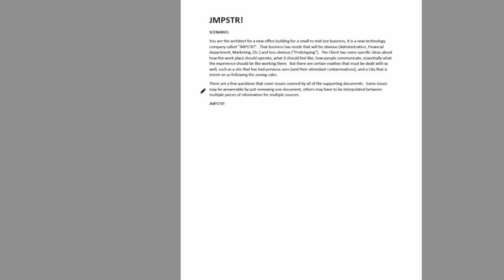The client has some specific ideas about how the workplace should operate, what it should feel like, and how people should be communicating with each other. Essentially, what the experience should be like to work there. But there are certain realities that we must deal with as well, such as land use, zoning issues, contaminants, a whole series of other things, and that's essentially what's represented in a number of these different tabs.